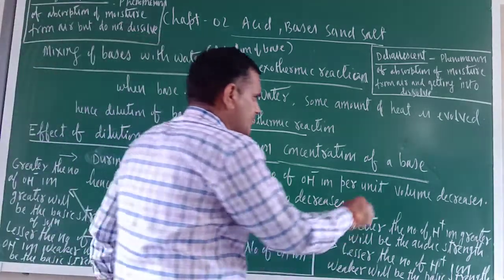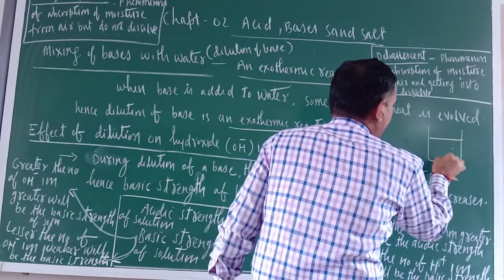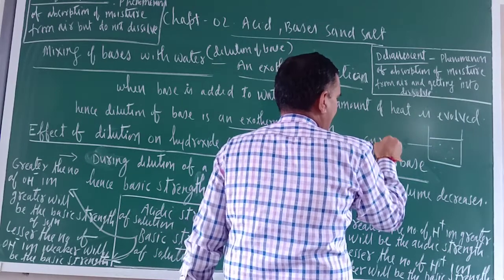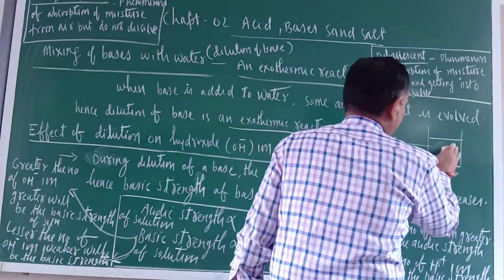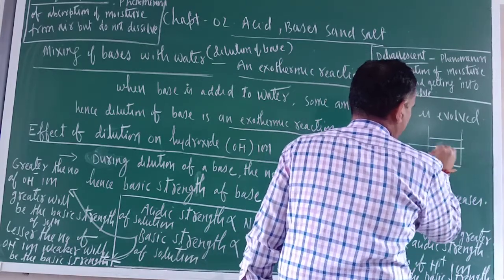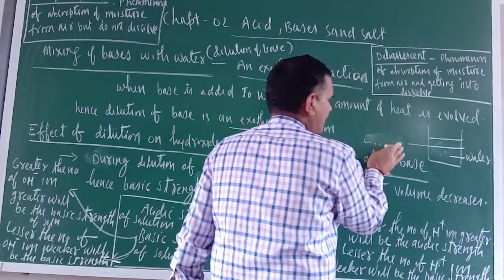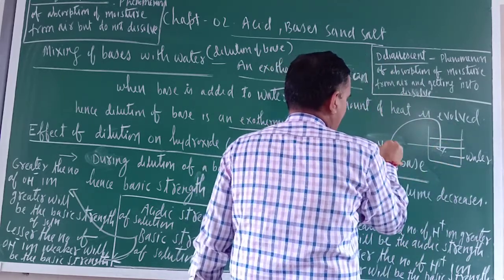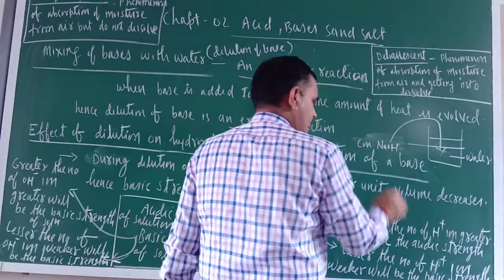Now try to understand. Suppose this is one beaker, and here I have taken some amount of water. With the help of a dropper, you are adding concentrated NaOH.